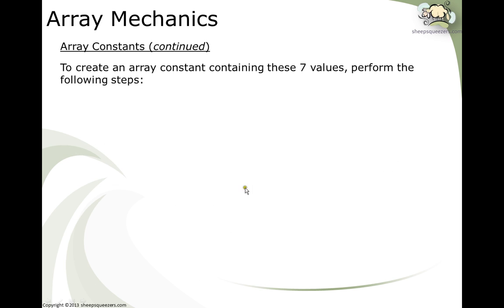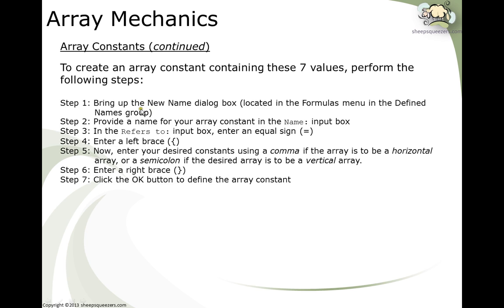To create an array constant containing these values, perform the following steps. Bring up the New Name dialog box located in the Formulas menu in the Define Names group. It's similar to what we've seen before. Provide a name for your array constant in the Name input box. In the Refers to input box, enter an equal sign. Enter a left brace to indicate an array constant is coming up.